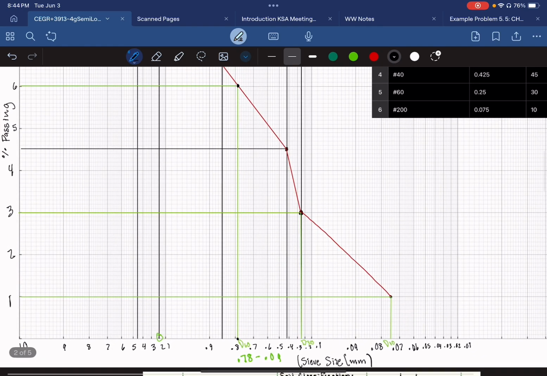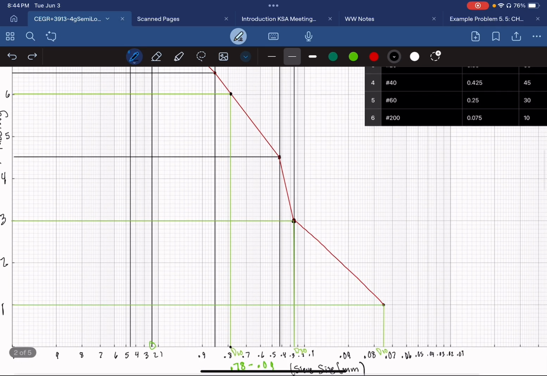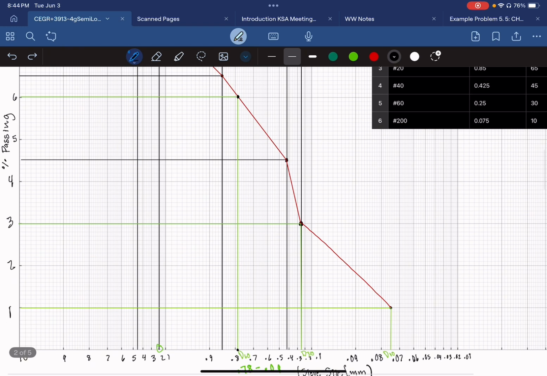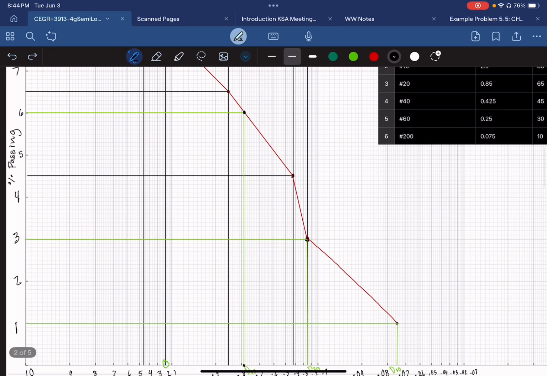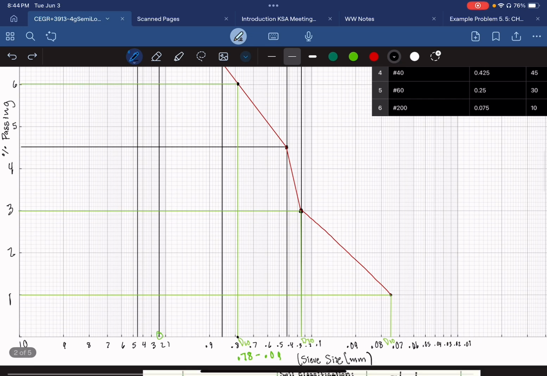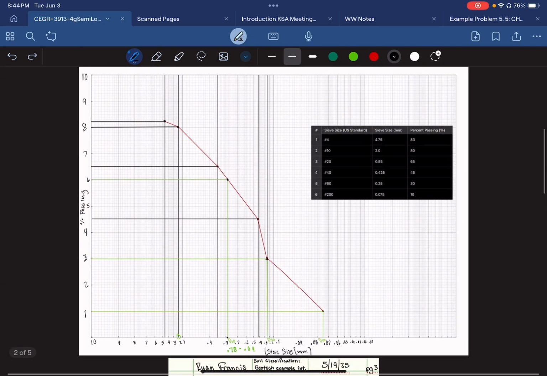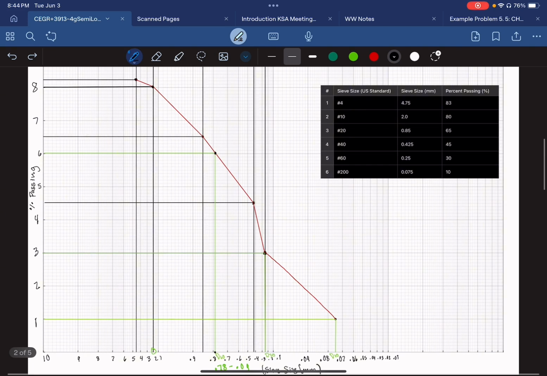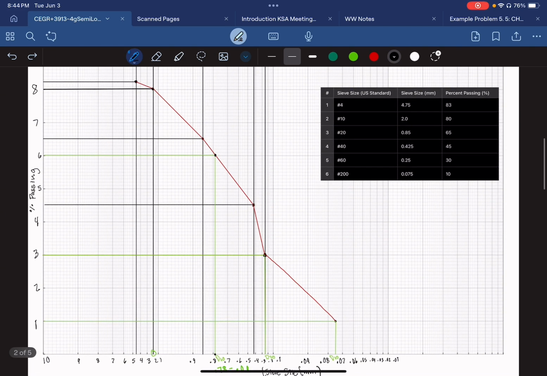And I also did, as you can notice, on the D30. That isn't really the main point of the problem. Don't expect it to be lined up perfectly like that every single time. I just did that for sake of time and getting more onto the soil classification part because that's the part that's going to take up the most time and has most confusion.